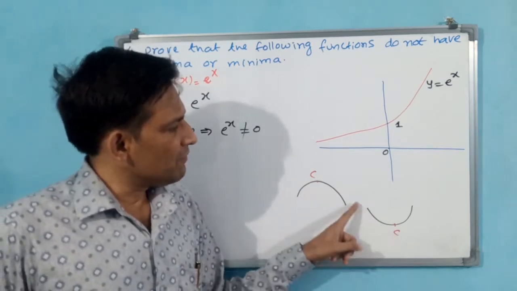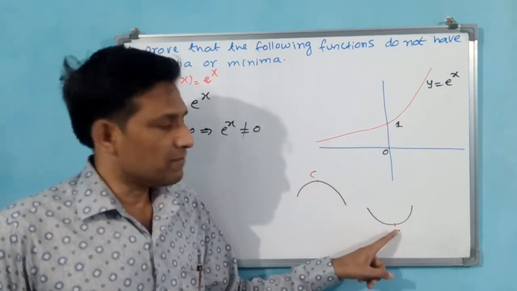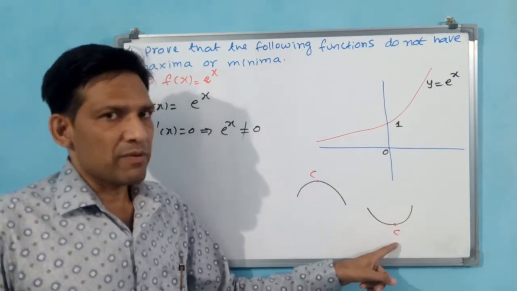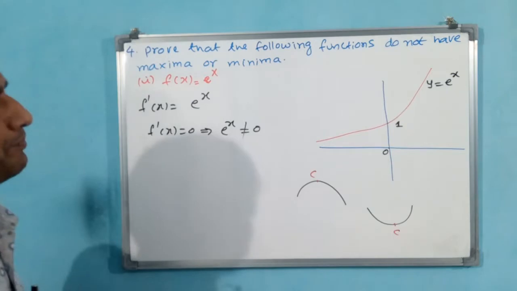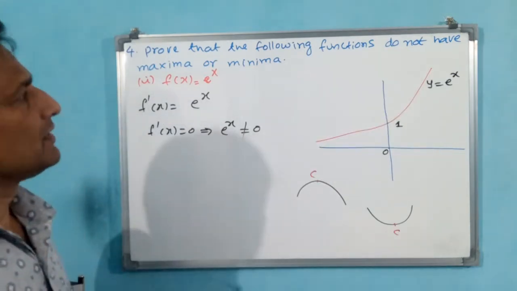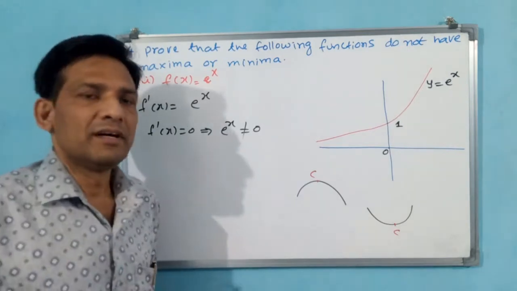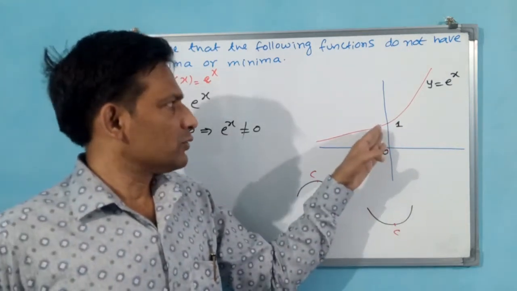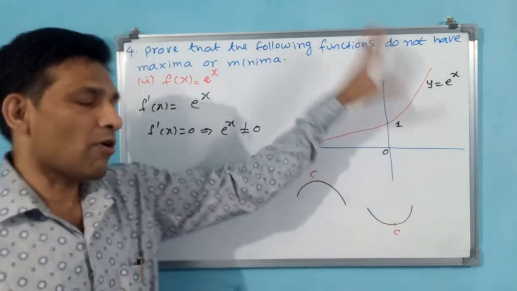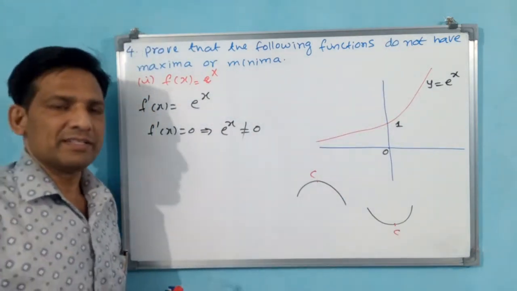Before reaching C, the function is decreasing, after C, the function is increasing, therefore the critical point C is called minima. Such a point does not exist here for e power x. Before 1 it is increasing only, after 1 it is increasing only. That means this is an increasing function only, not a decreasing function.